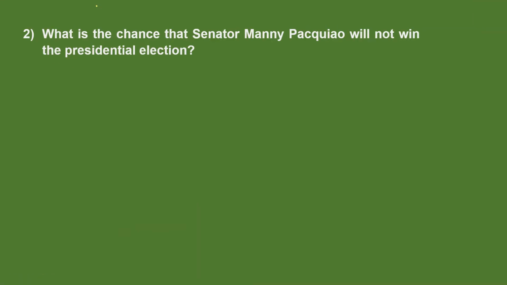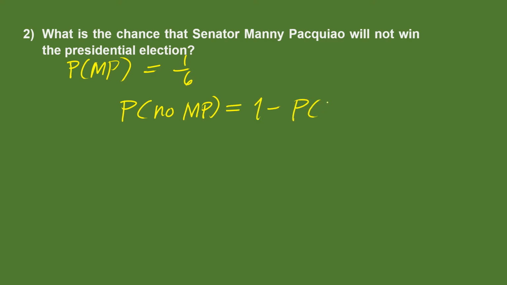So, if we answer this, let us first identify the given. We know the probability of Manny Pacquiao. Let MP represent Manny Pacquiao. Yung probability niya is 1/6. So yung equation natin for complementary is that P of not MP is equal to 1 minus P of MP.